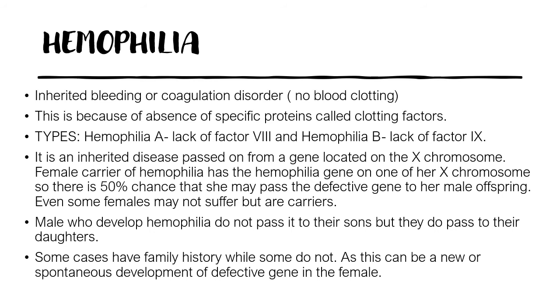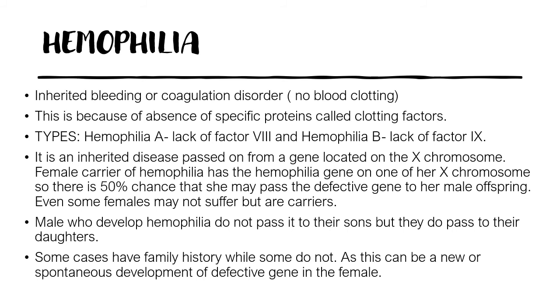Females are carriers of hemophilia, and if a female carrier has a hemophilia gene on one of her X chromosomes, there is a 50% chance that she can pass this defective gene to her male offspring. Even some females do not suffer from hemophilia, but they are carriers.